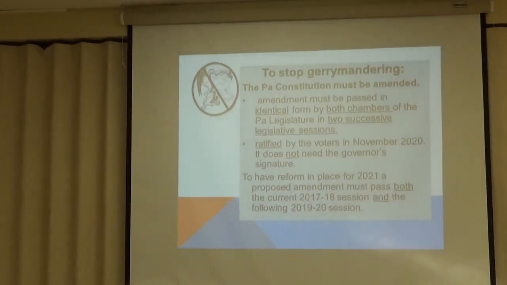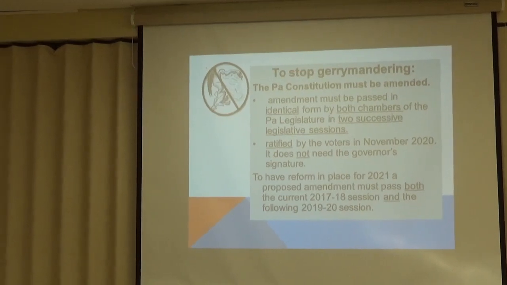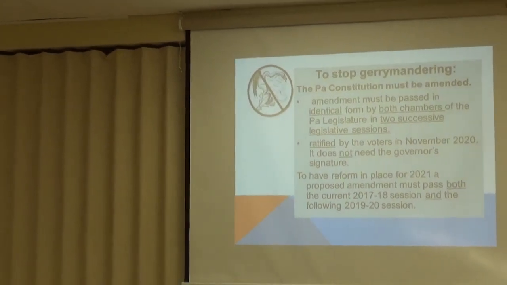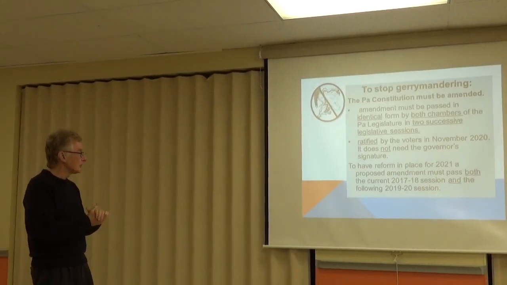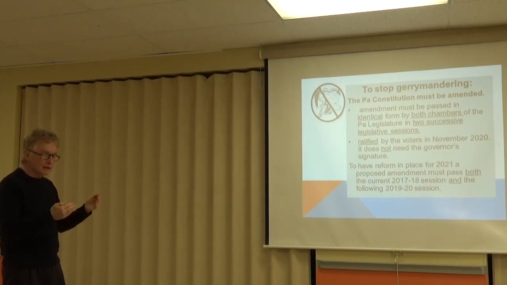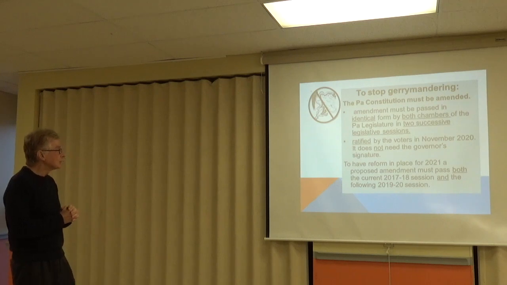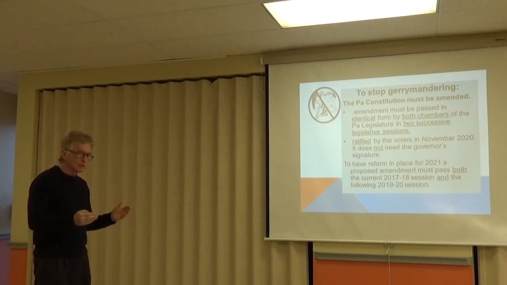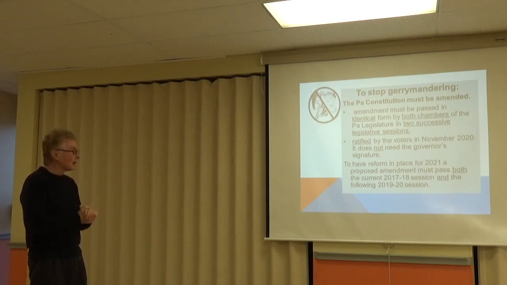So to stop gerrymandering in Pennsylvania, we have a three-step process. We have to amend our Constitution, and we have to do this through voting both in our legislature and through a referendum. So an amendment has to pass both houses, both the Senate and the House. It does not need the governor's signature, but it has to pass the State House and the State Senate 2 times in 2 consecutive legislative sessions.